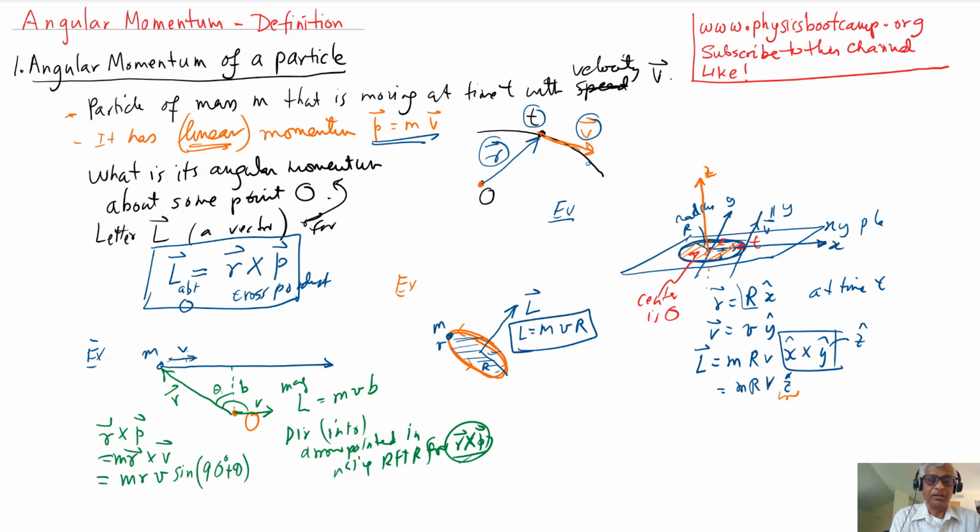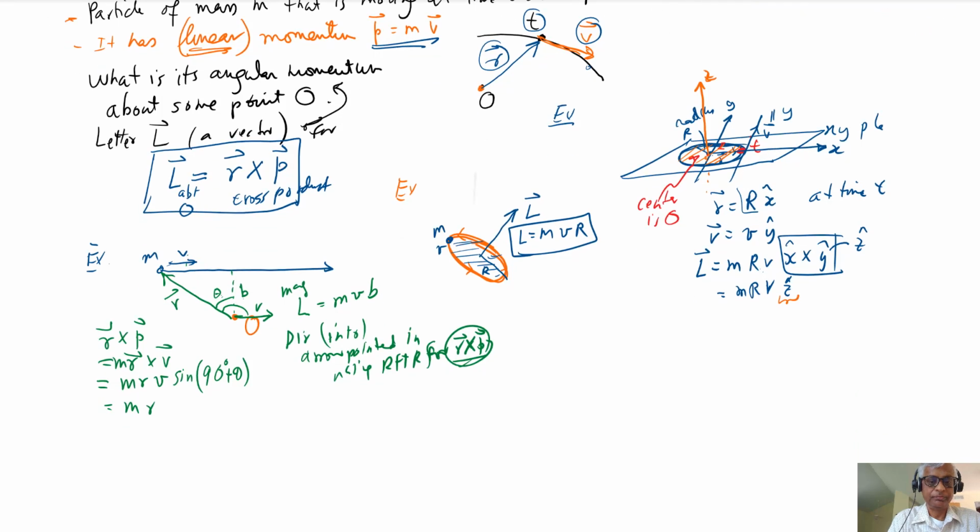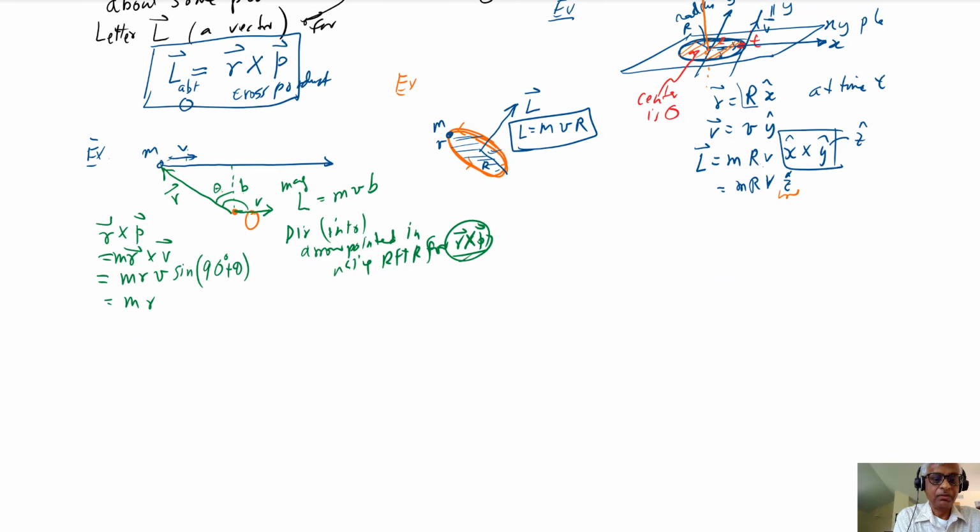Well, 90 degrees plus theta will be just cosine theta. So this will be M R V cosine theta, into the page direction.